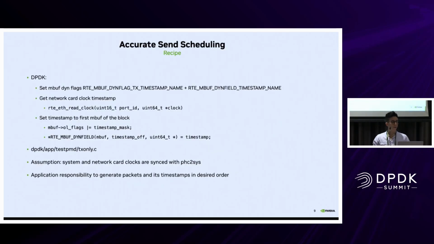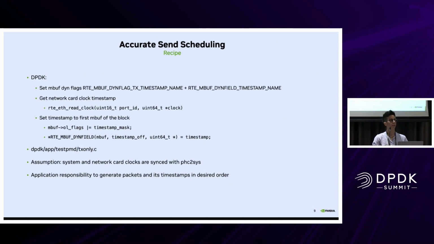This accurate send scheduling feature may not be a well-known feature. Personally, I don't know a lot of applications actually using it. I dumped here a super simple, super high-level recipe. But if you want to play with it, you can use testpmd, the txonly.c source file, where you can find the implementation.